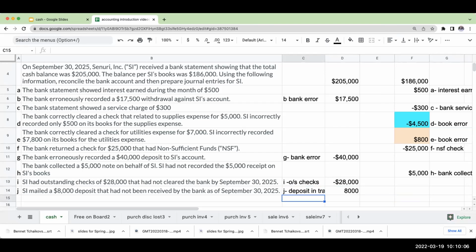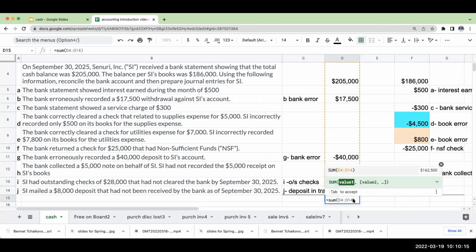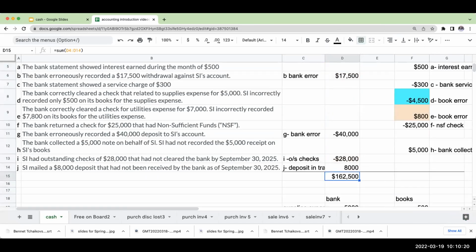Okay. So over here, once we go through and add up all these things, I'm going to add up my bank balance and all my adjustments. I'm going to get 162.5, and then I get 162.5.